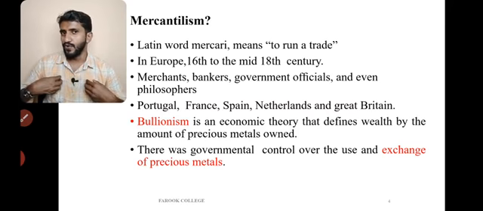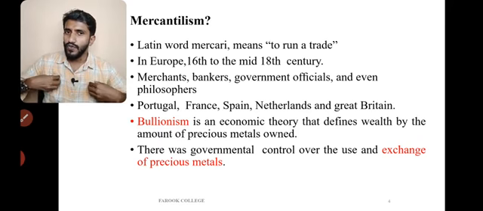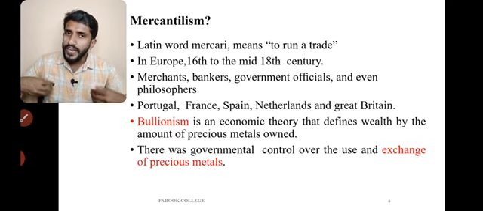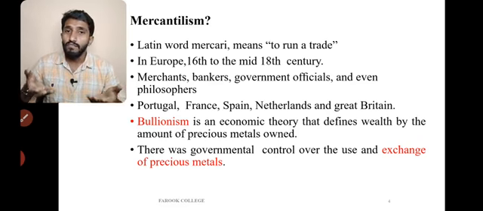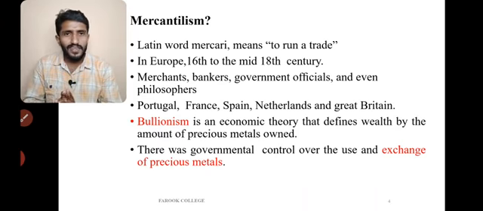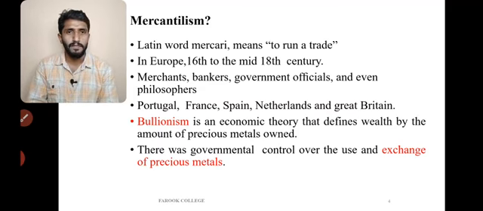So your wealth or my wealth is measured on the basis of the metals or coins which I have. Suppose I have more gold coins, then I will be rich. If some other person doesn't have any gold coin or any silver or any other coin, then he is a very poor person.